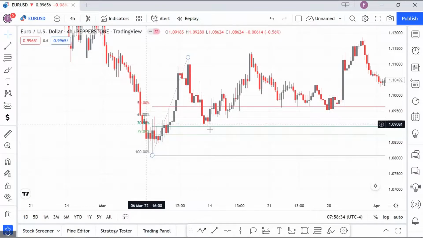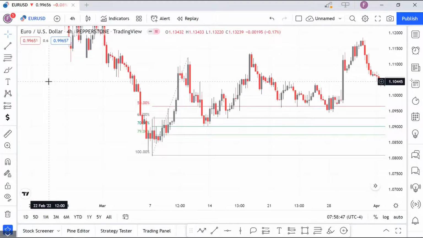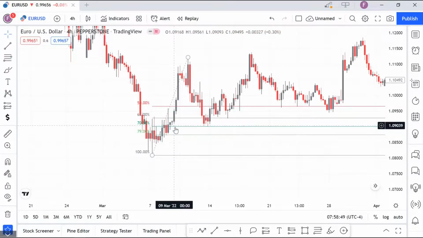Our optimal trade entry area. And what do you realize? We have a bullish order block within the optimal trade area.